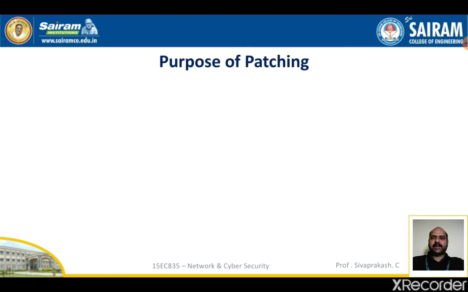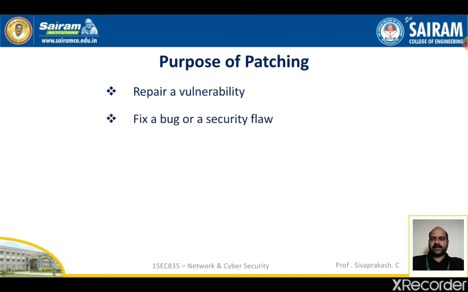The purpose of patching. Unpatched software can make the device a vulnerable target of exploits. Patching software as and when the patch is released is critical to deny malware access. So patching is a process to repair a vulnerability or flaw that is identified after the release of an application or software.